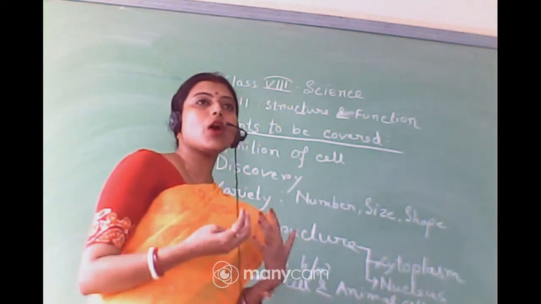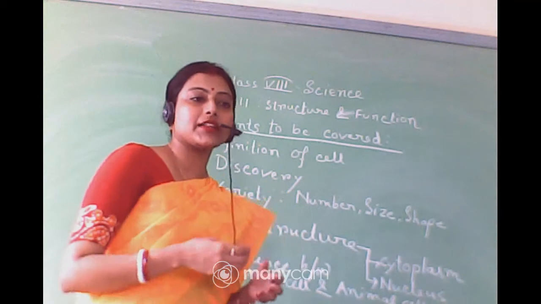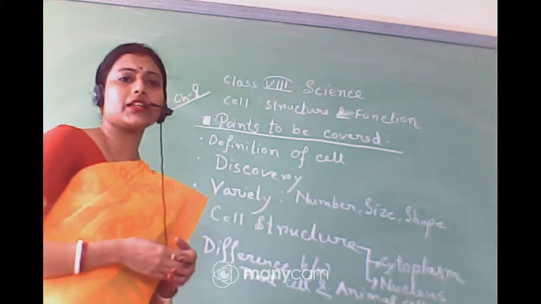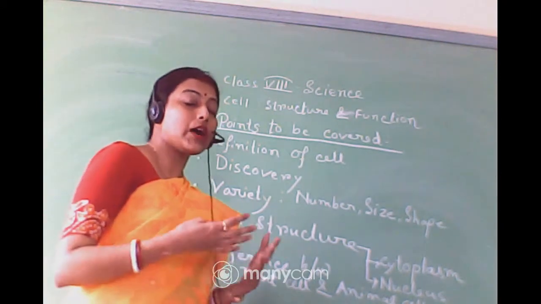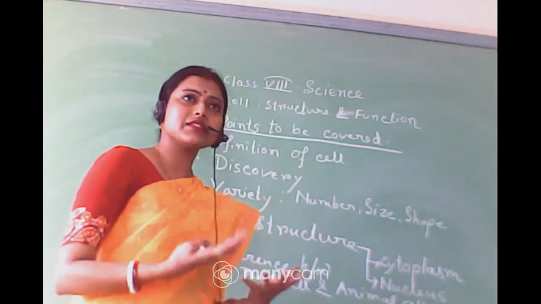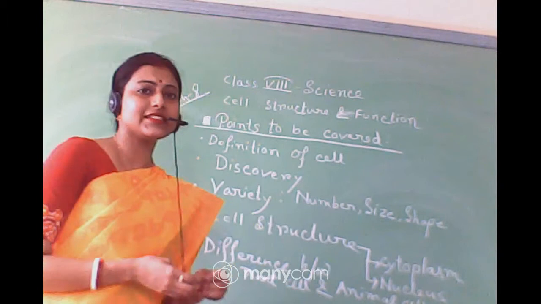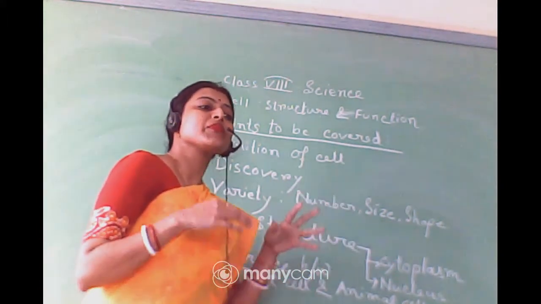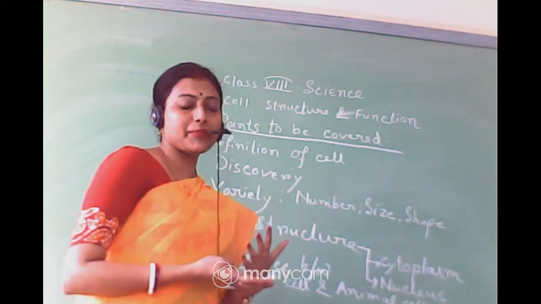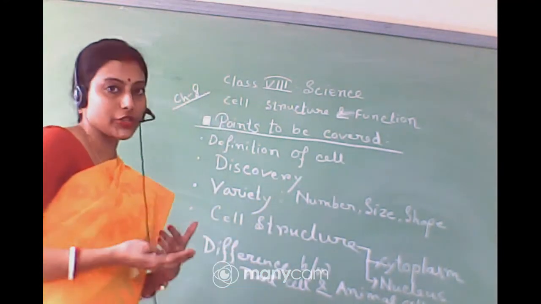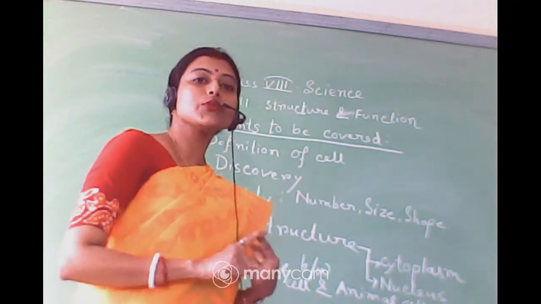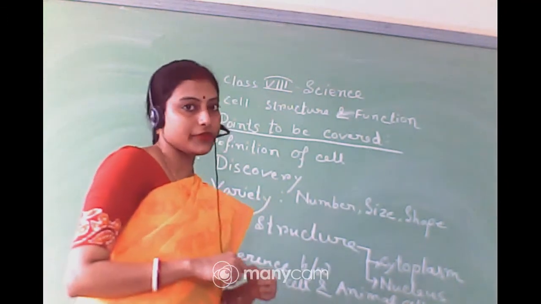But in case of higher order organisms, maybe they lack pseudopodia or cilia, because we simply don't need that. Okay, so the number, size and shape can vary according to their functions. That's why we have also told that cells are also known as the functional unit of the body.